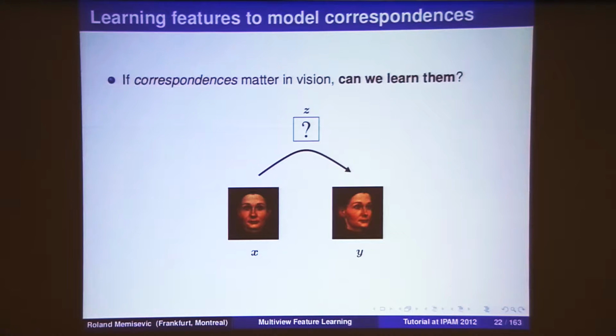Okay, so if correspondences matter so much in vision, is there any way that we can learn them? So is there any way that we can do feature learning to encode correspondences rather than images? So for example, given two images, can we get a hidden variable z that doesn't tell us what's in each of the images, but tells us how they are related in some way?